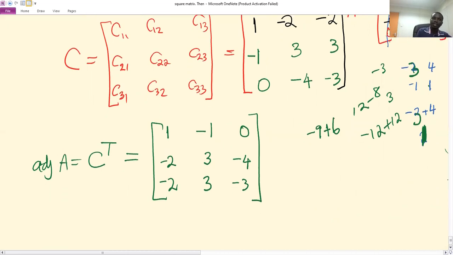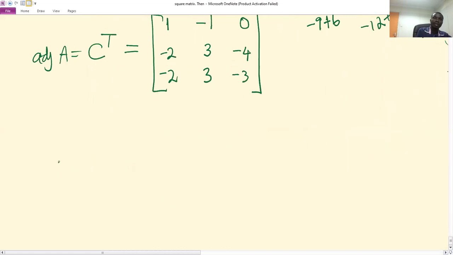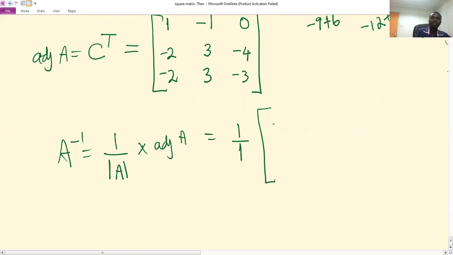Which means by definition, A inverse is 1 over the determinant of A times the adjoint of A, and the determinant was 1. So that is 1 times the adjoint matrix, and 1 over 1 is just 1.